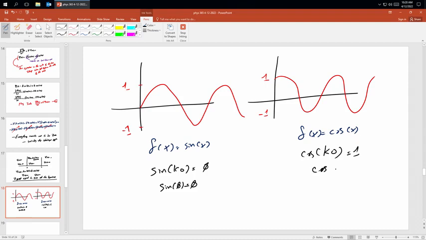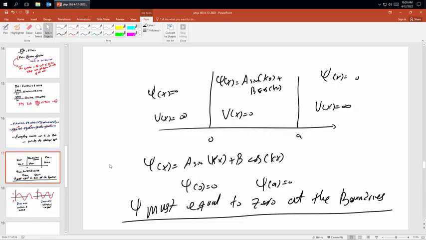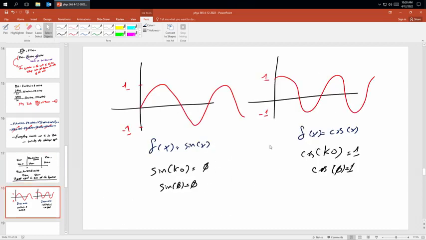Because cosine of 0 is going to equal to 1. You good? Remember we have a sine k of x plus b cosine k of x, right? So if you look at each one of them, here's your sine, here's your cosine.